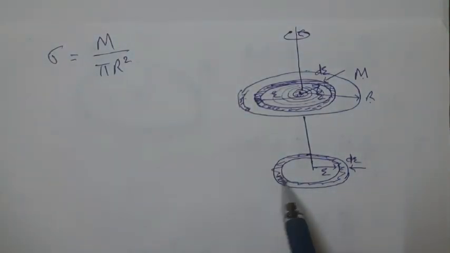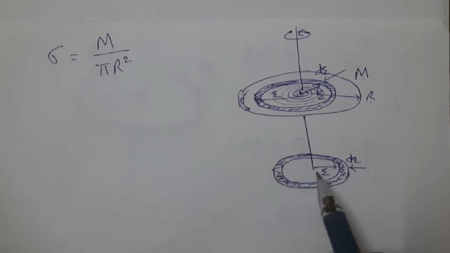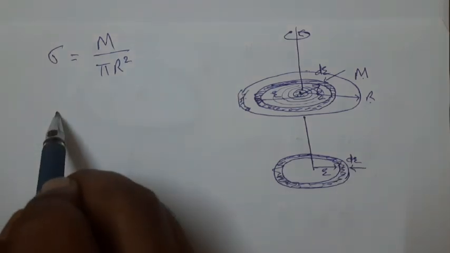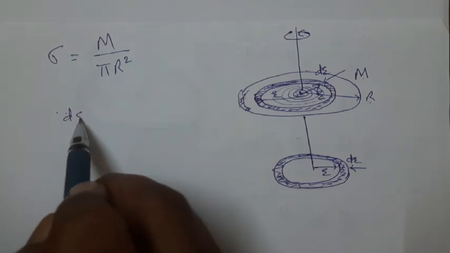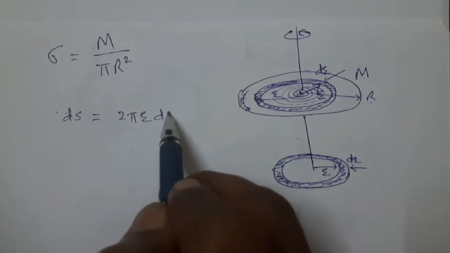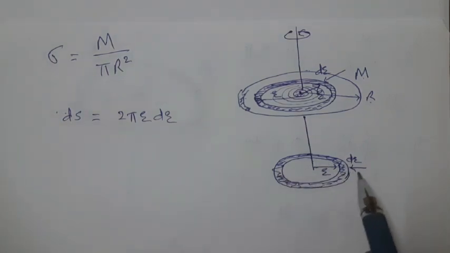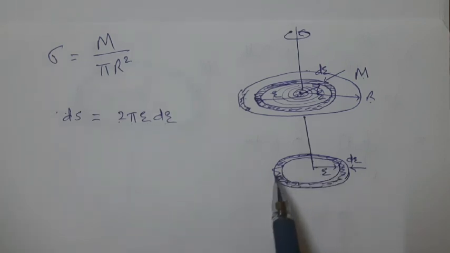And if I successfully calculate the area of this ring, then it is possible to determine the mass of that ring. Now what is the area of this ring? Let it be ds, which is equal to 2 pi r into dr. Correct? 2 pi r is the circumference, dr is the thickness, and therefore 2 pi r dr is the area of this ring.